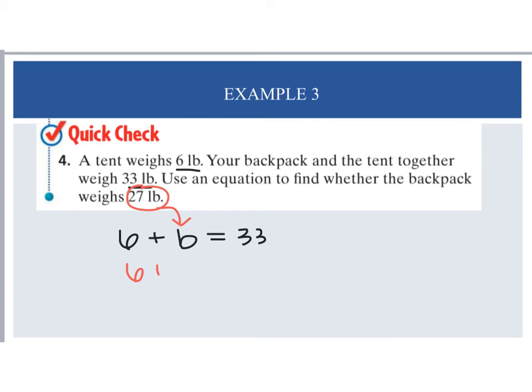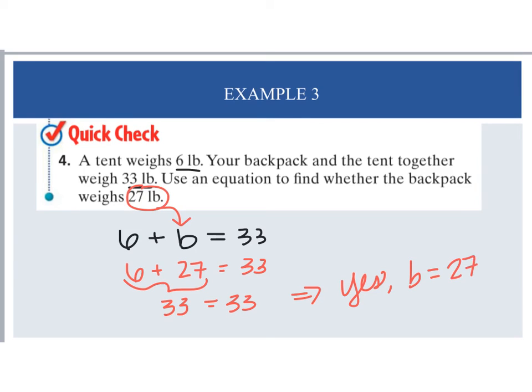In other words, does 6 plus 27 equal 33? 6 plus 27 gives us 33 equals 33. So yes, the backpack, or B, can equal 27 pounds.